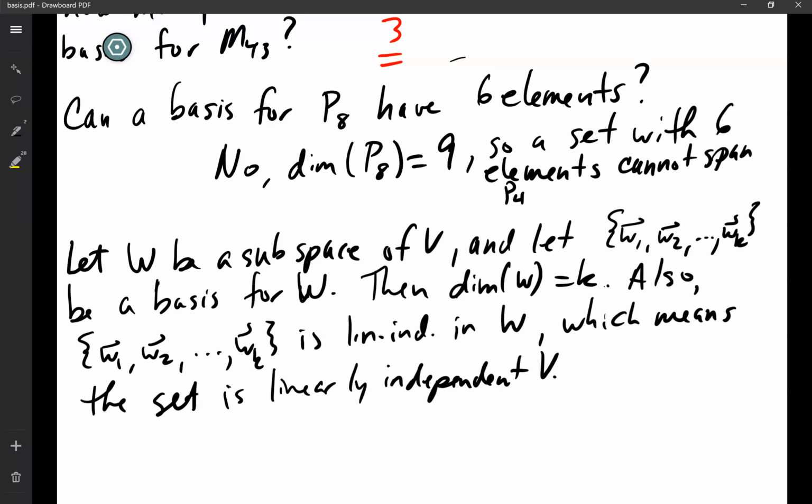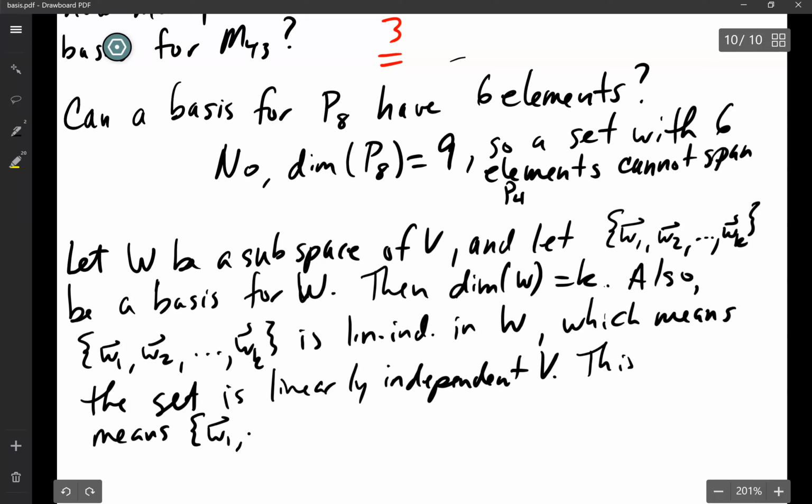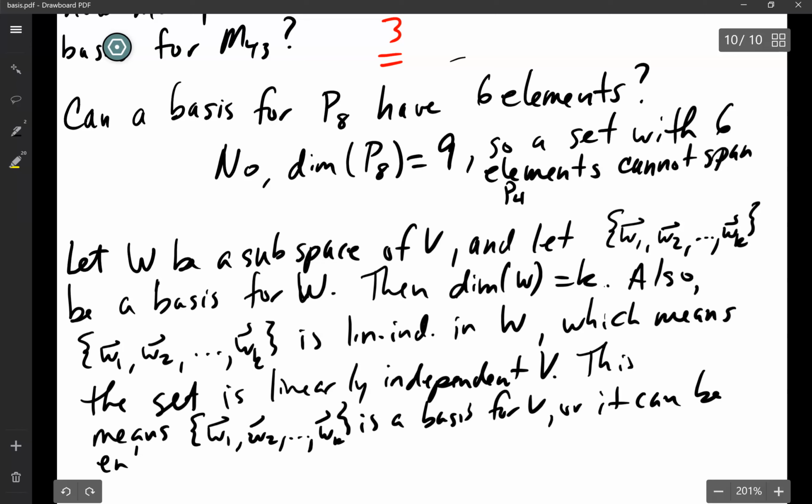So it's linearly independent in W, so it has to be linearly independent in V. That means either the set is a basis for V, or it can be enlarged to form a basis for V.